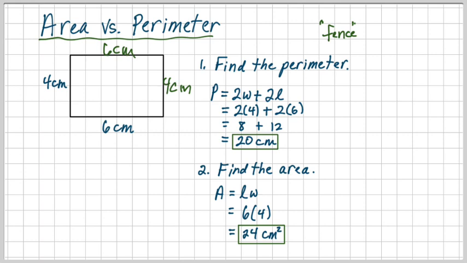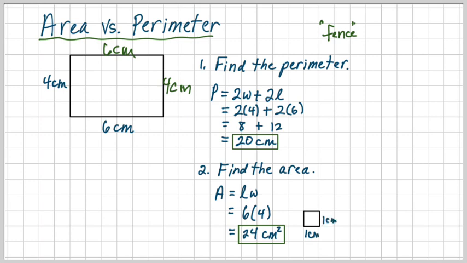Well, area is basically the inside, we're measuring the inside space of this figure. And so really, if you think about it, 1 square inch or square centimeter would look like this. It's 1 by 1 centimeter. So 1 centimeter by 1 centimeter.